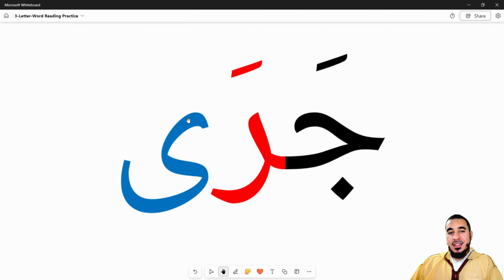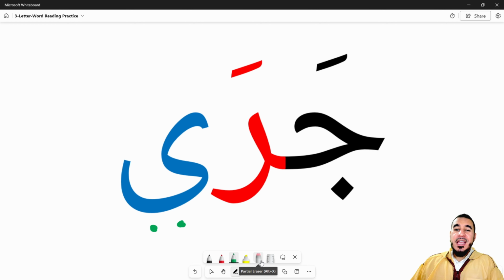Now, this shape here at the end, you may be thinking that it's a ya. So if it had two dots below it, then I would say yes, it's a ya. But this is actually something else. This letter is actually an alif. It's an alif, okay?